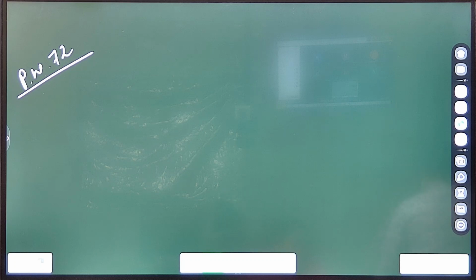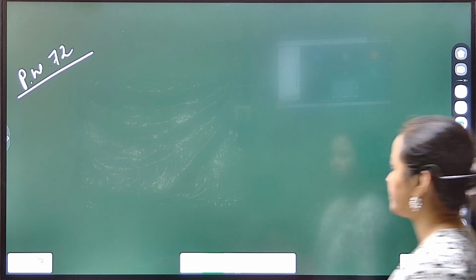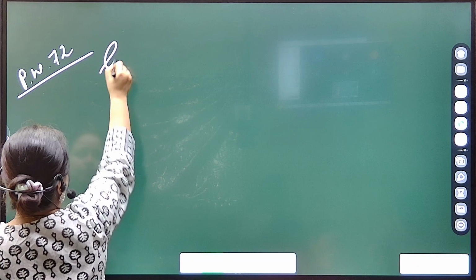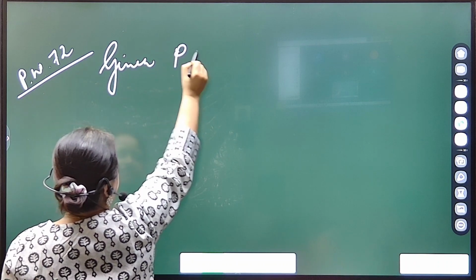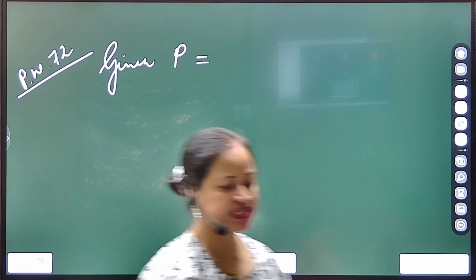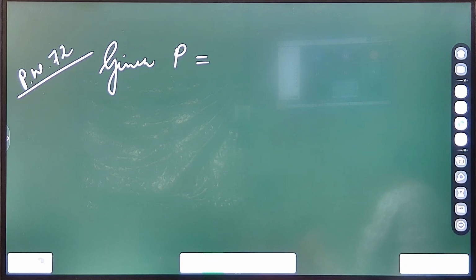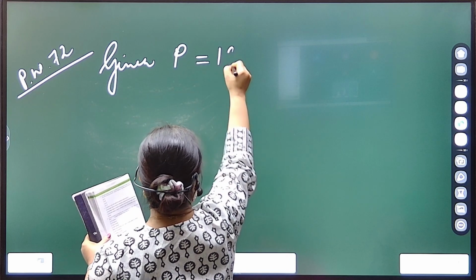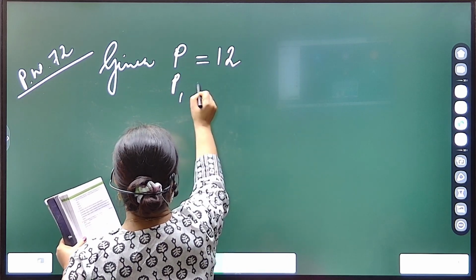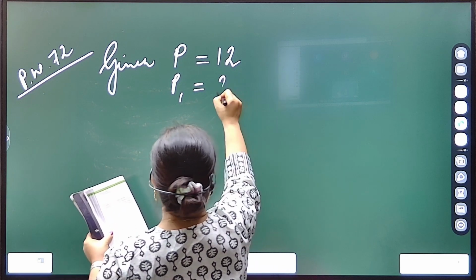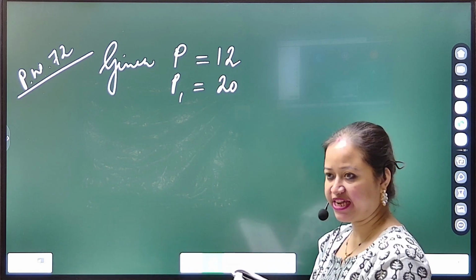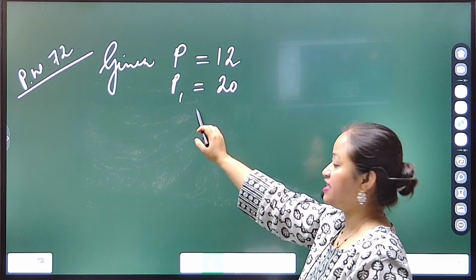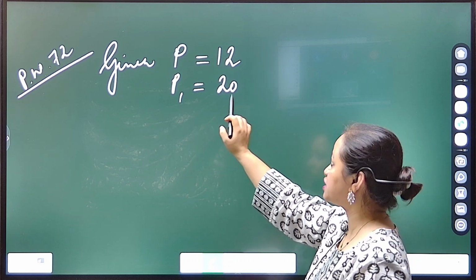If the price of a burger rises from rupees 12 per piece to rupees 20 per piece. Okay, so here, what is given? P is given. So P is 12 and P1 is 20, right? So initial price is 12 and new price, that is P1, is 20.